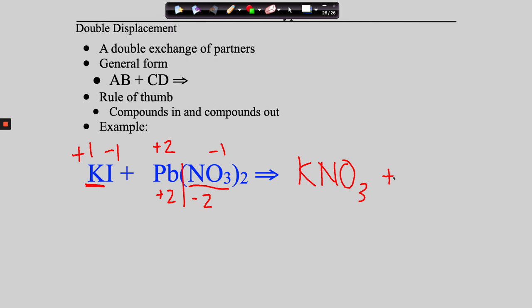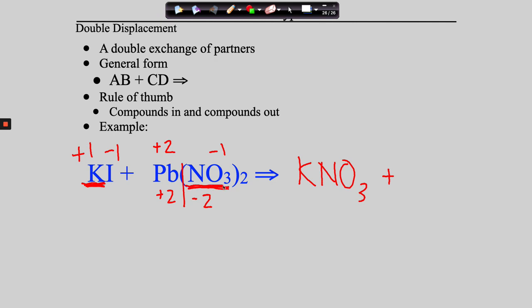Then, oh please, go ahead, Soph. That's a brilliant question. And it kind of gets to what James was talking about a minute ago. So here's the deal. When we write the products, we don't care about how many we start with. We just care about charge. So K is +1, NO3 is -1.